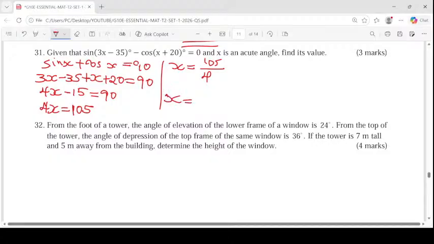When you divide 105 by 4, you exactly get 26.25. 26.25 degrees.